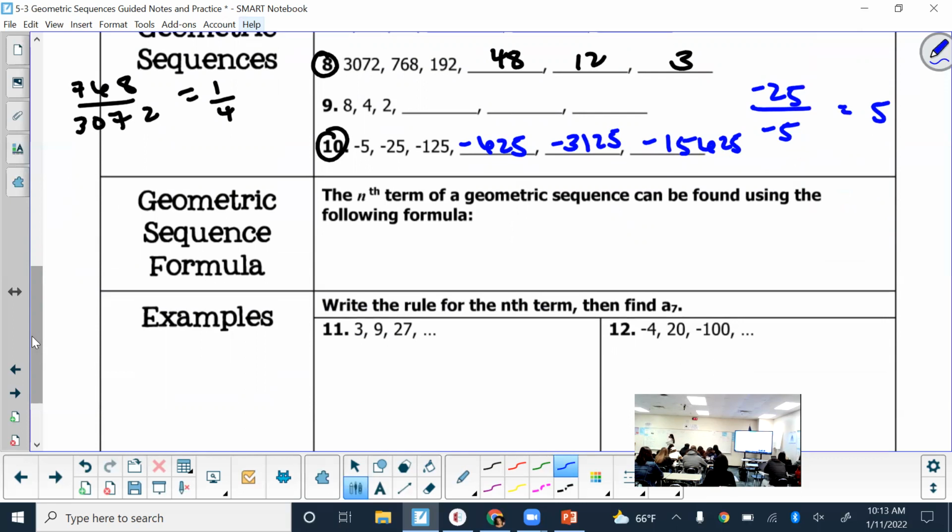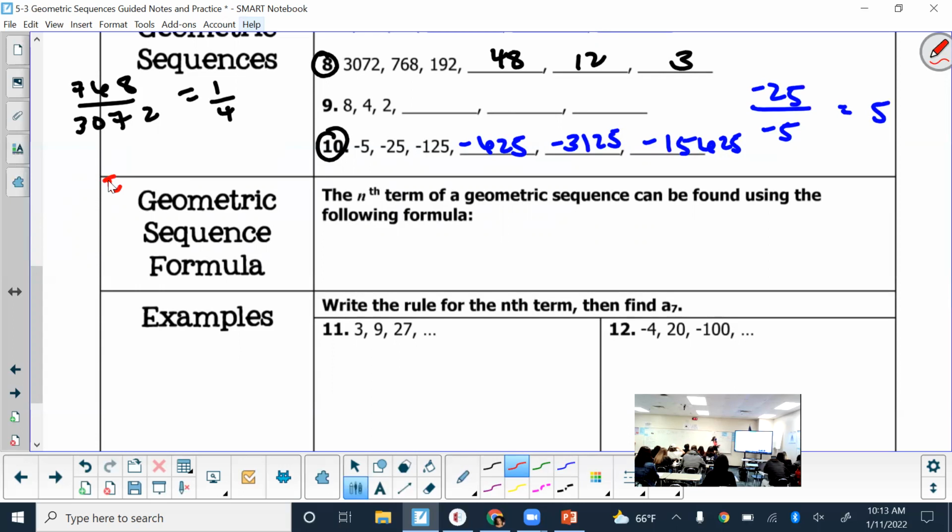All right, so we did this last semester too. Arithmetic sequences have explicit and recursive formulas. Well, so do geometric sequences. They also have a recursive formula, but we're not going to focus on that this year. You'll see it in geometry and algebra 3-4. So this year we'll just look at the explicit formula.